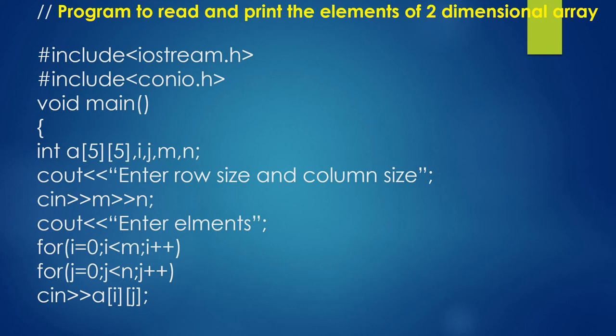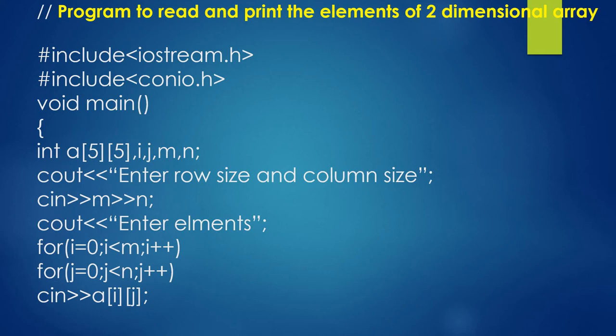We can consider one program: a program to read and print the elements of a two-dimensional array. For reading and printing a two-dimensional array, how many subscripts do we require? We need two subscripts.